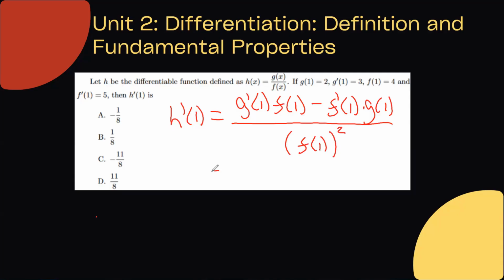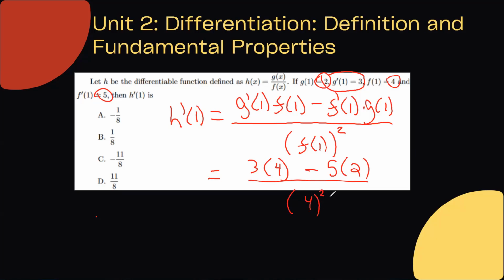A lot of people forget that. So g prime of 1 is 3, f of 1 is 4, minus f prime of 1, 5, times g of 1, which is 2, all over f of 1 squared, so that's 4 squared. 12 minus 10 over 16, so that's 2 over 16, or 1/8.